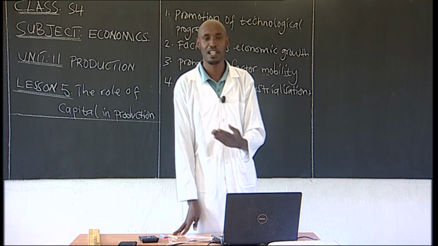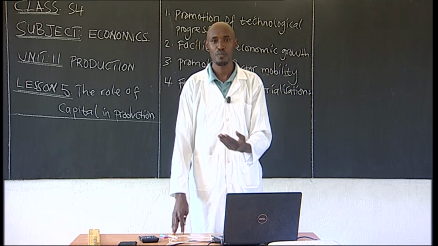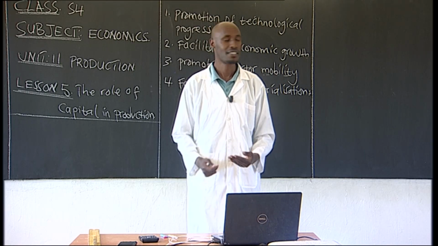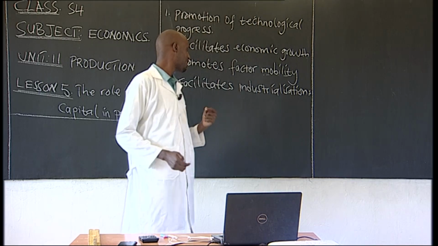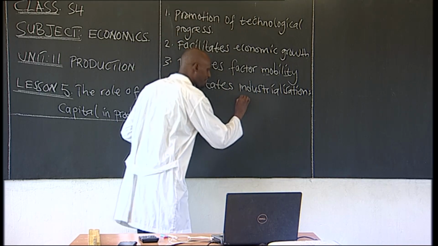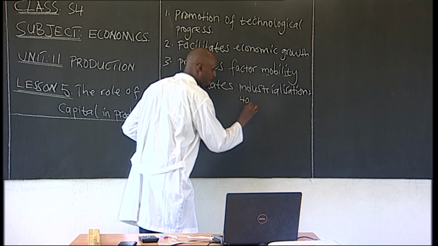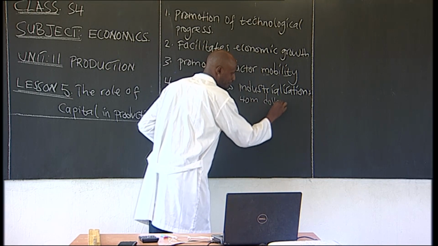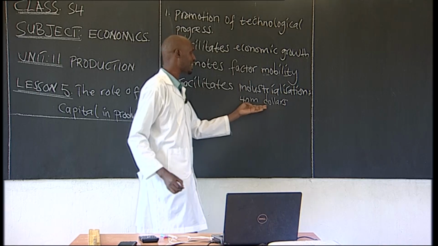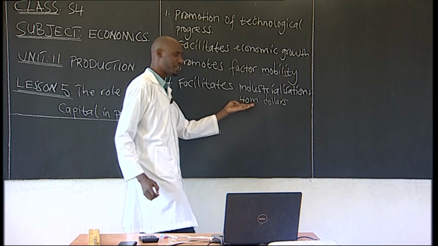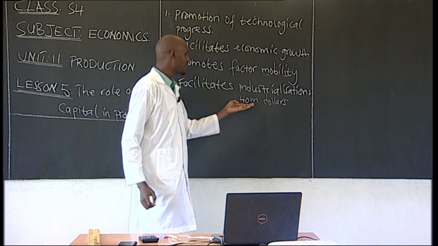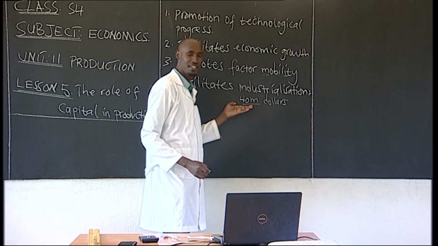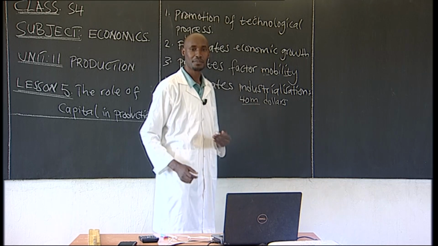But if we don't have capital, for instance, we talked of liquid capital. Let me give an example. If we need $40 million to start up an industry, the absence of this much may lead us to fail.